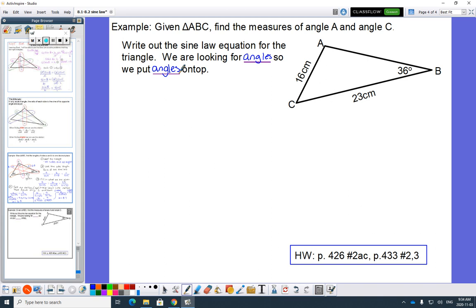Right now, all that's labeled is the vertices or the angles. You have to go in and label the sides. So 23 is across from A, and then 16 is across from B, and we don't know side C.